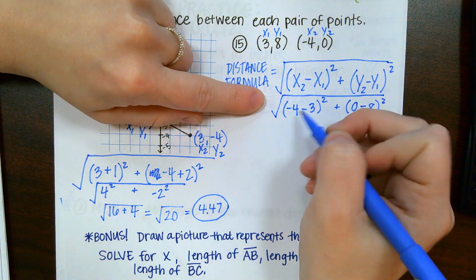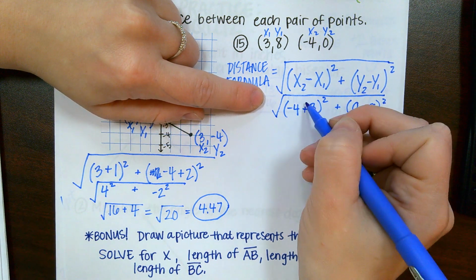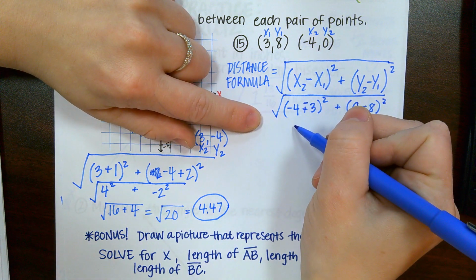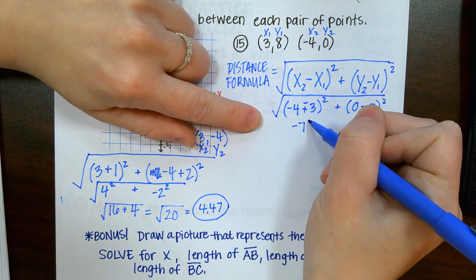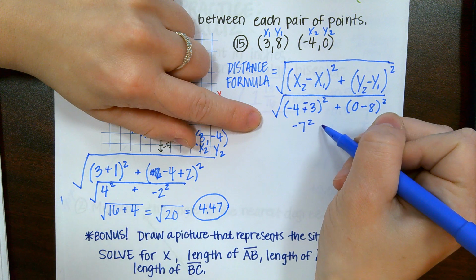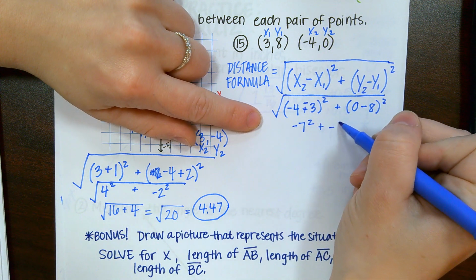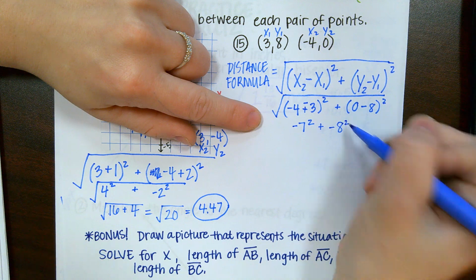Negative 4 minus 3, that's the same thing as negative 4 plus negative 3, and that's going to give us negative 7 squared, plus 0 minus 8 is negative 8 squared.